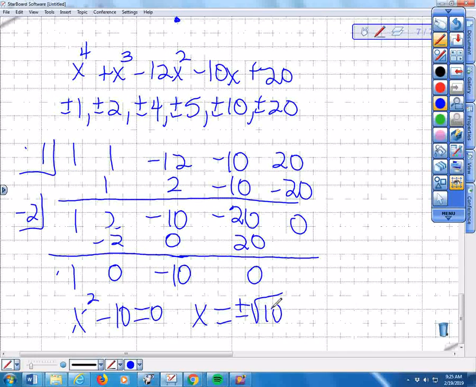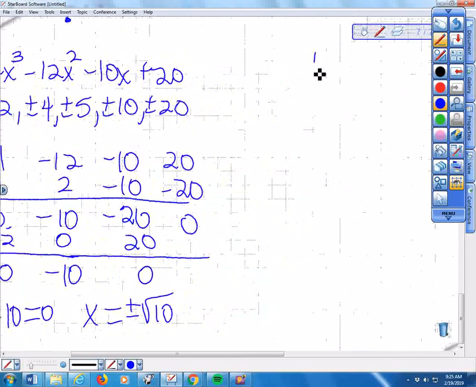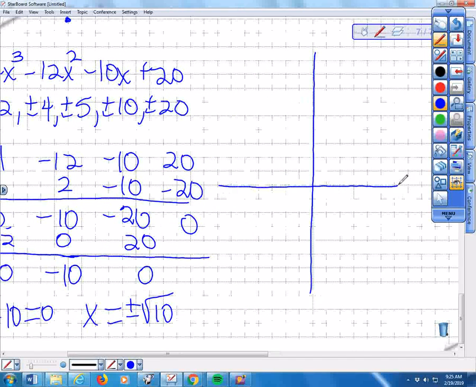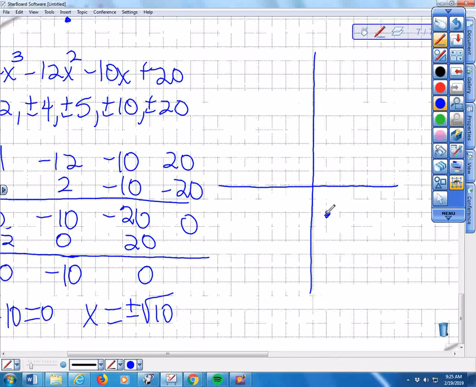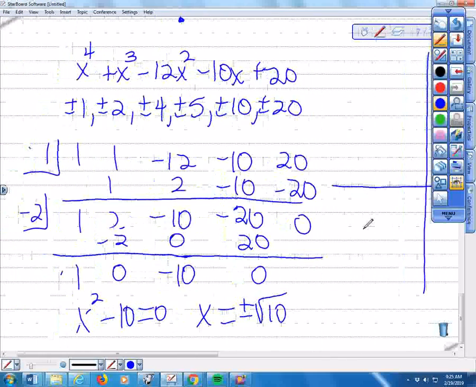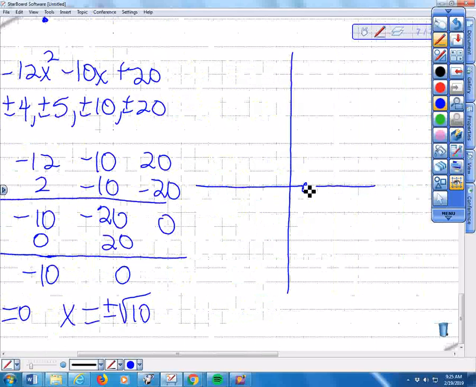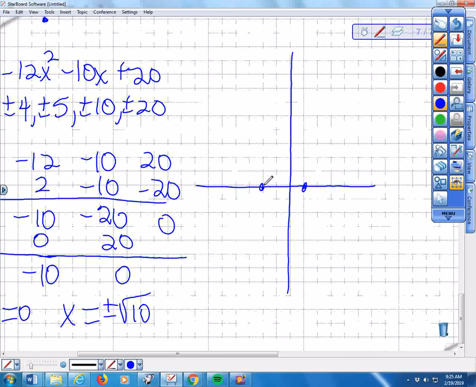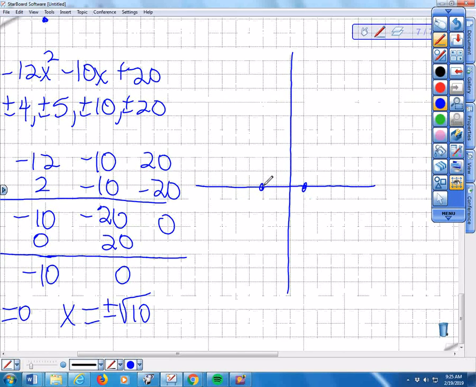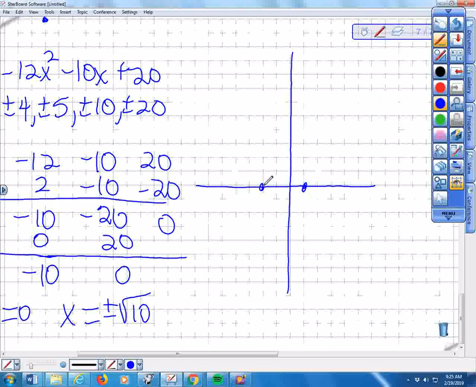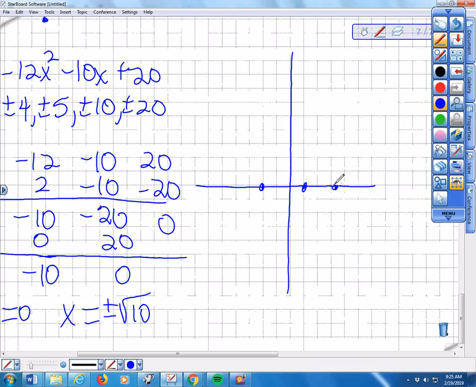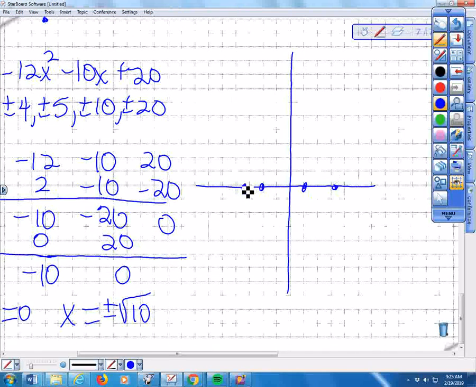So if I come over here, I have 1 and negative 2. Anybody know what the square root of 10 is off the top of your head? Someone have a calculator? It's going to be somewhere between 3 and 4, closer to 3. 3.16 and negative 3.16. So those are my 4 intercepts.